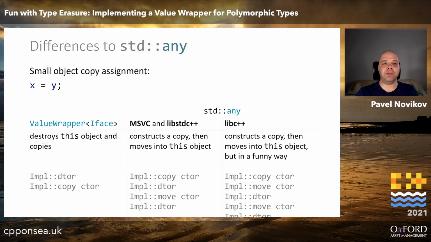So what we are left with is copy assignment, and for our implementation, we just do destructor and copy, which is kind of reasonable. For MSVC and libstdc++, we copy construct, then destruct this instance, and then move the copied instance into this instance, and then destruct the copy.